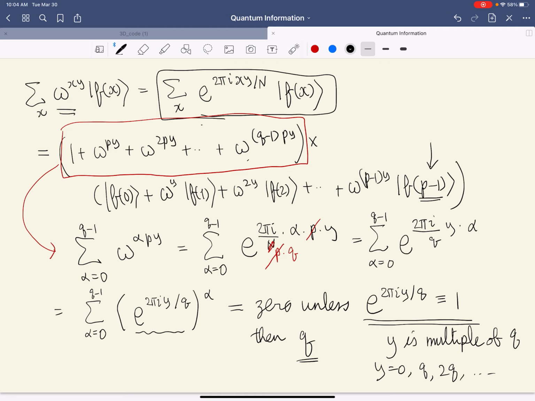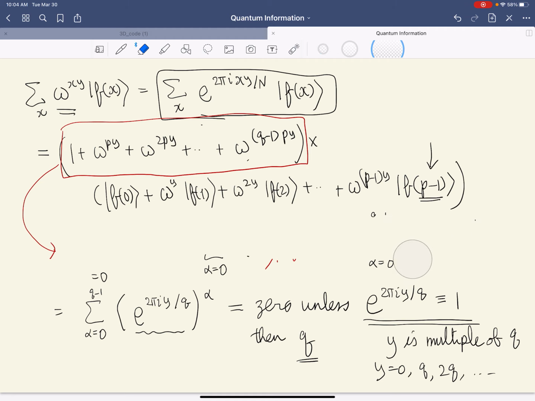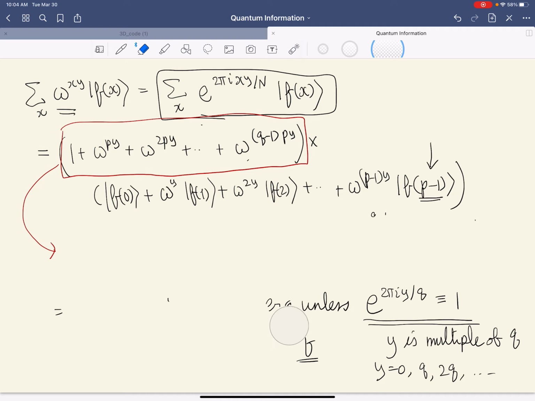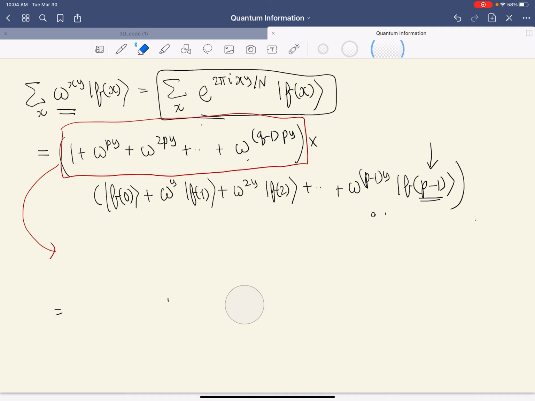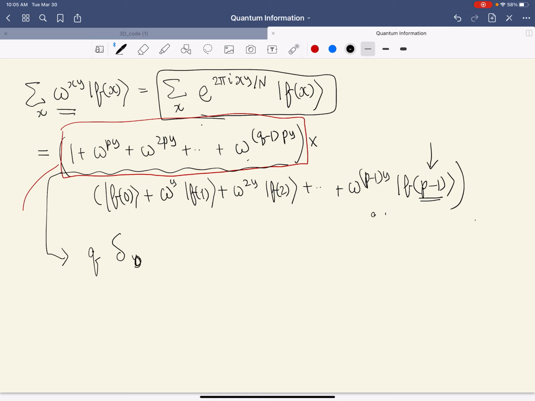Okay. So now with that revelation, let me get back to this phase factor. And now we clearly see that the sum of these phase factors is q times some sort of critical delta between y and some multiple of q.